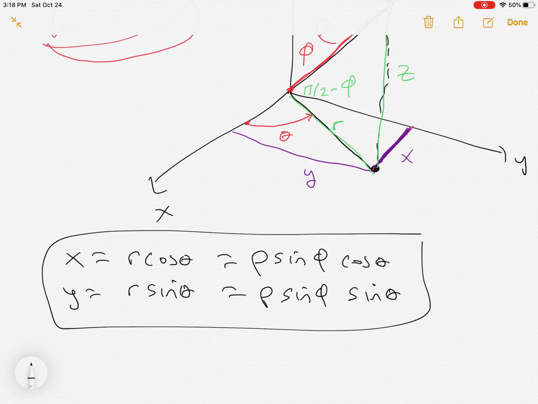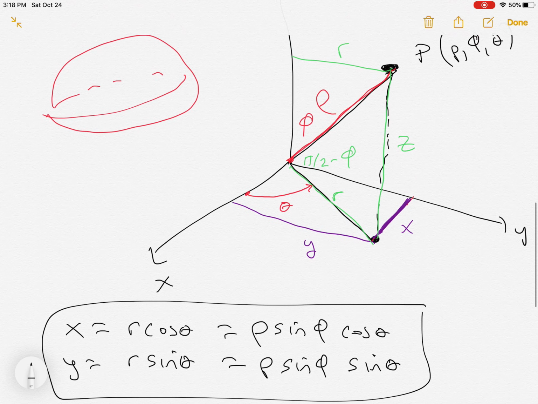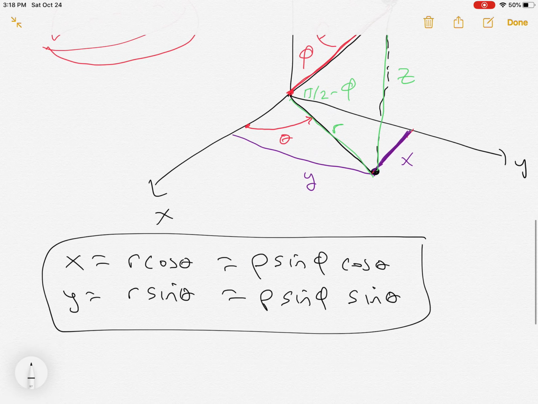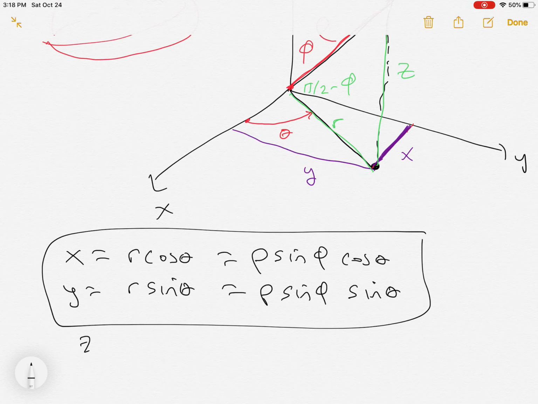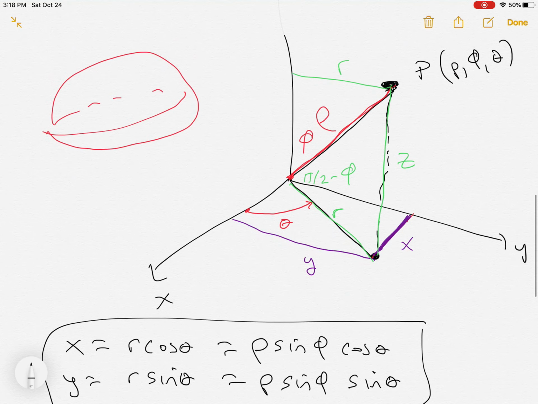And these are the go-betweens for all of these. And if you look over here as well, you get that z equals rho cos phi, and that comes from this relationship here.